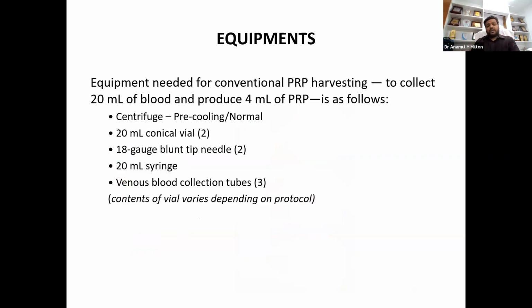So, equipment. When we make these things, we take one centrifuge machine, for 20 ml either a commercial kit or 10 ml of 2 tubes, like the platelet-rich plasma processing tube, that is the PRP tube.